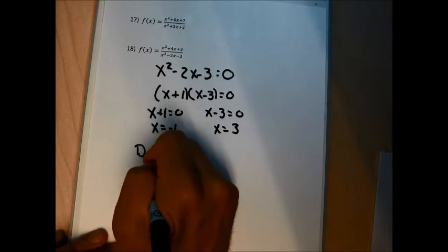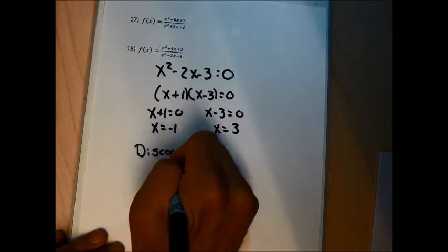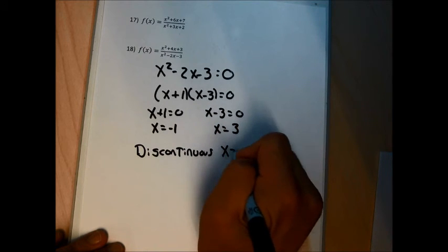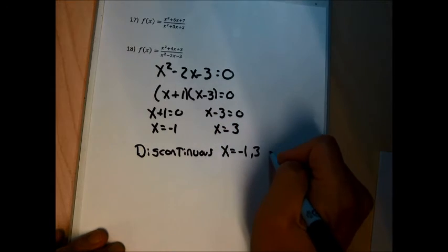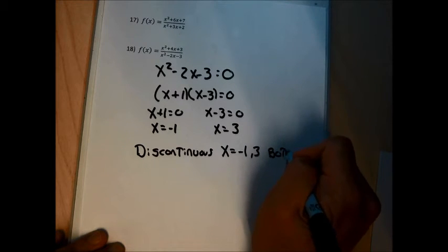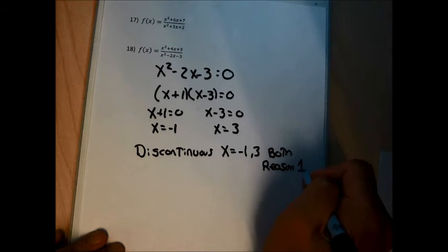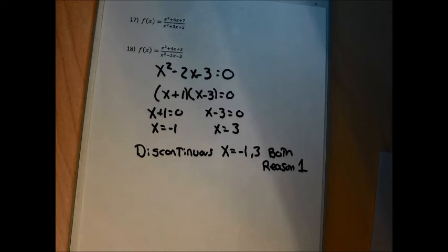So it's discontinuous at x equal negative 1 and 3, both reasons 1 again. Function isn't defined where the denominator is equal to 0. Should do the same for 17.